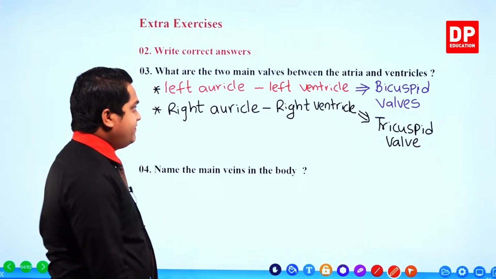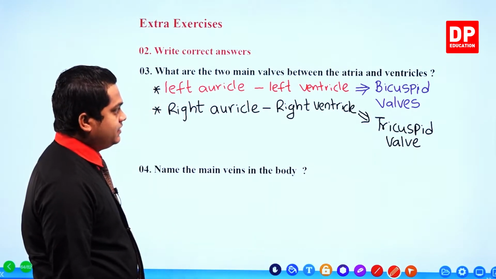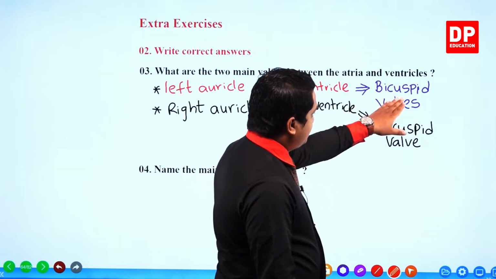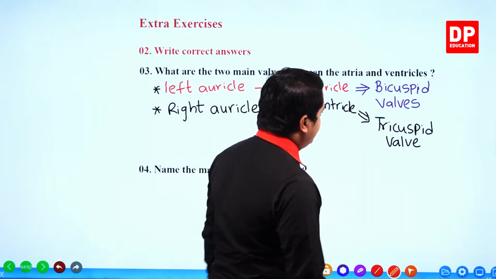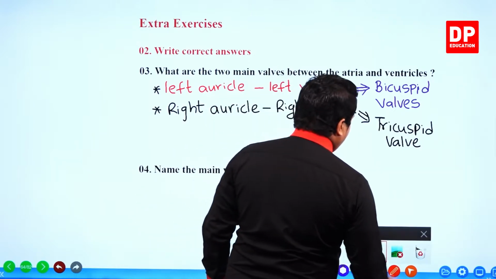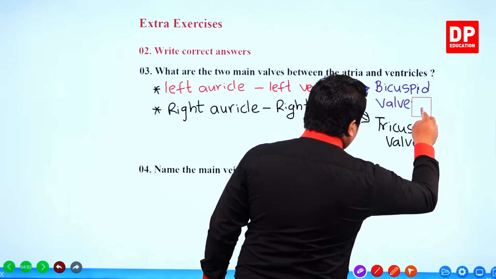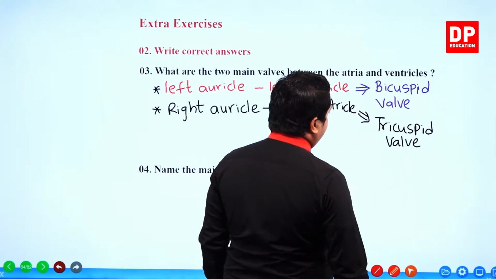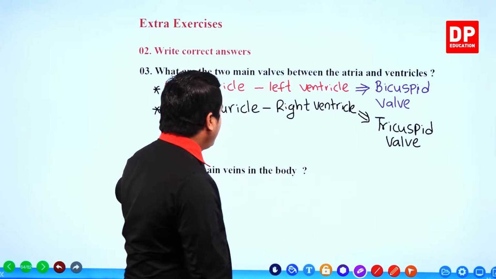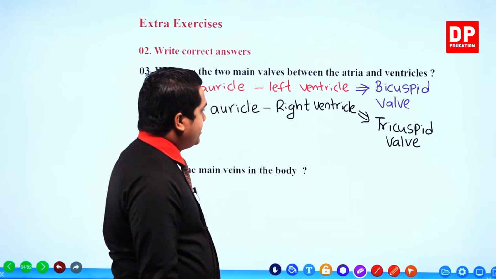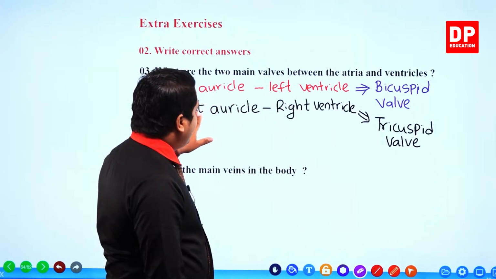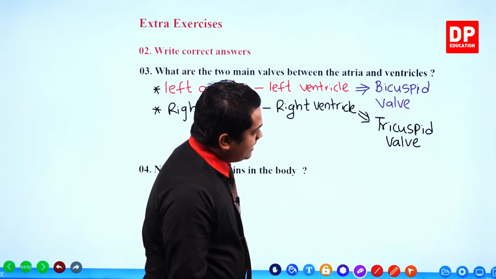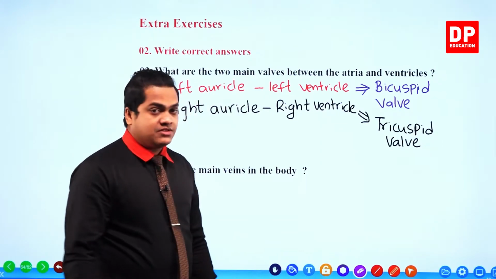So bicuspid valve and tricuspid valve. Bicuspid valve can be observed between left auricle and left ventricle. Between right auricle and right ventricle, you can observe the tricuspid valve.